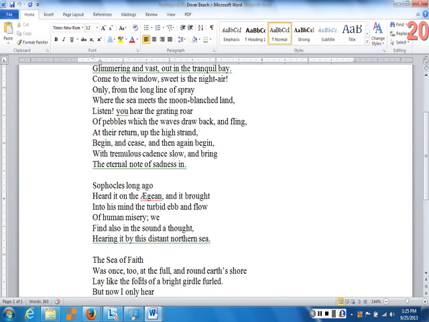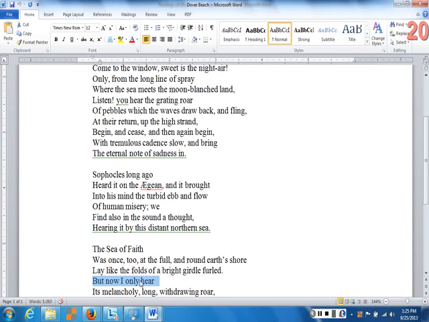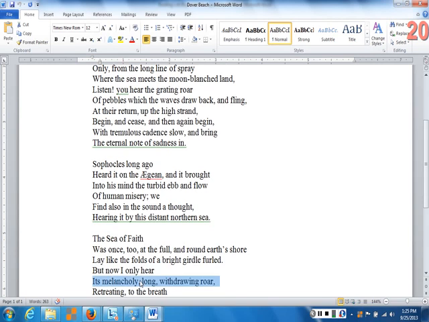And then the speaker goes on, but now I only hear its melancholy, long, withdrawing roar. More of the metaphor then. The subject is still religious faith. He has not changed the subject, but he's using that metaphor of the ocean to say something about religious faith.